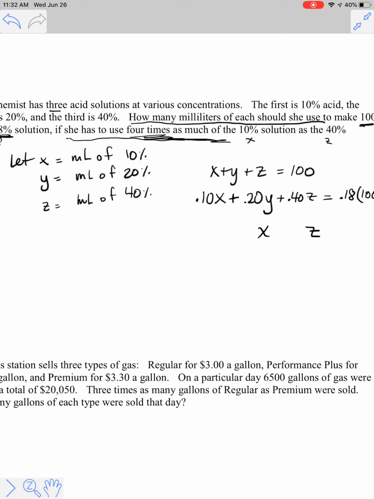Because there has to be an equal sign in an equation, it's not true that x equals z, because this chemist isn't using the same amount. She's using 4 times as much of the x solution. So because that x solution is already 4 times greater, in order for me to make these equal, I've got to multiply z by 4, because x is already 4 times as much as z. So in order for them to be equal in an equation, I have to multiply z by 4.